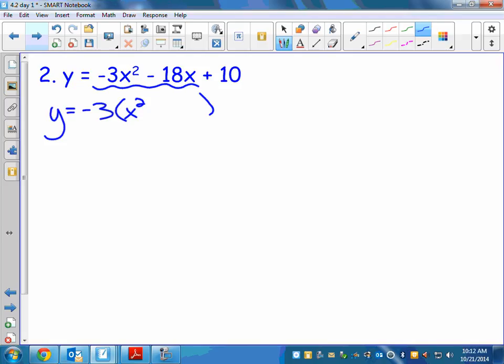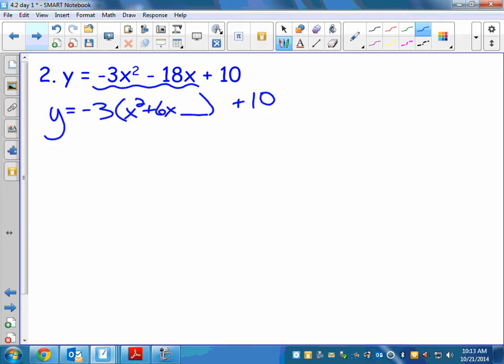Watch your signs here, though. If I take -18 divided by -3, that's going to give me a plus 6x in there, right? Leave a space. I'm not taking the -3 out of the 10 because the 10 is getting kicked out to the end. So don't worry about that, -3 doesn't divide into 10 because it doesn't need to.